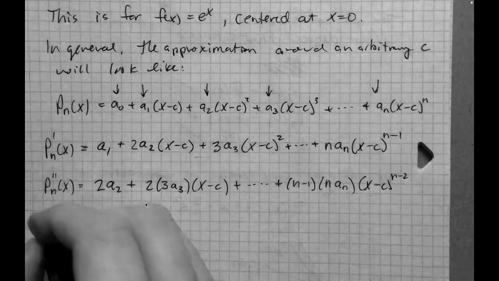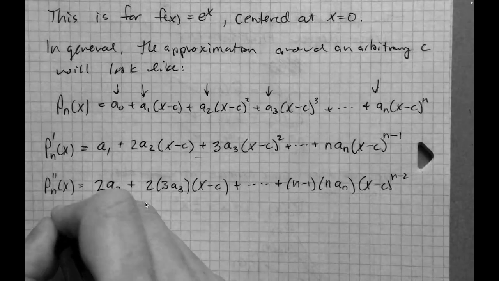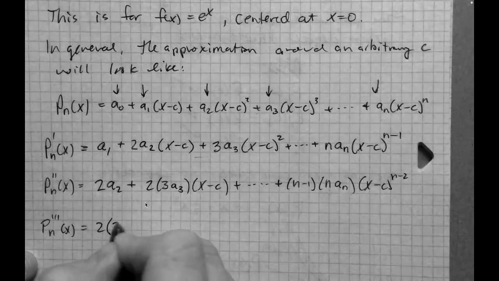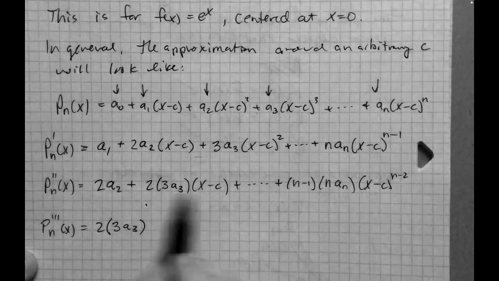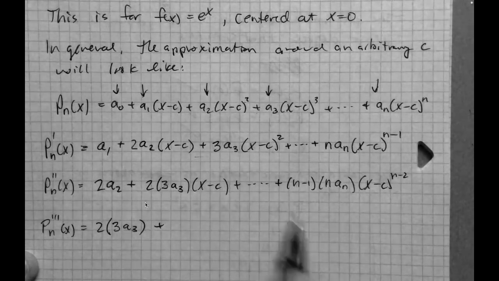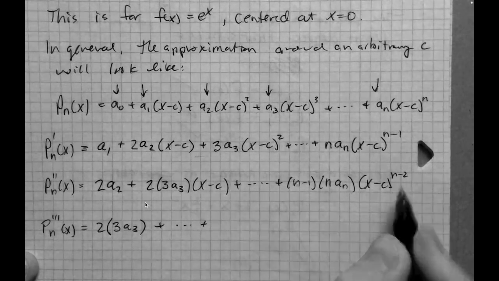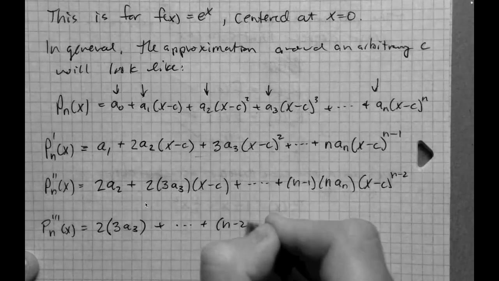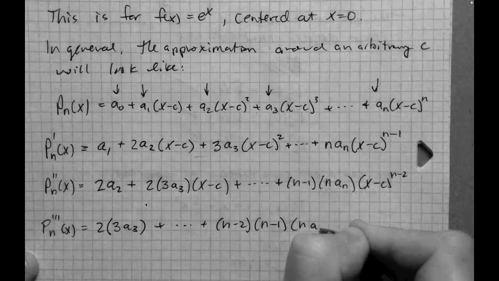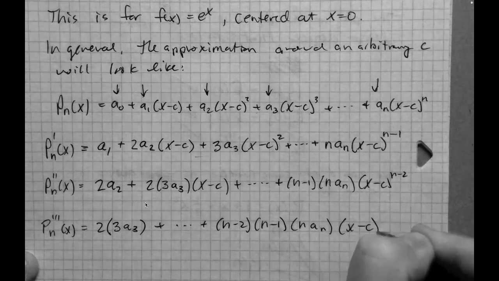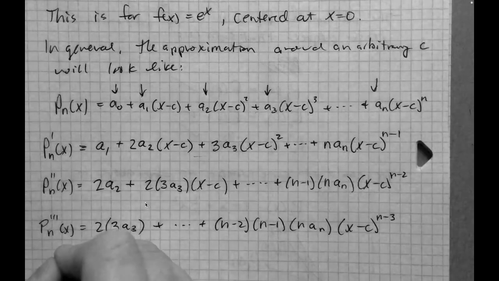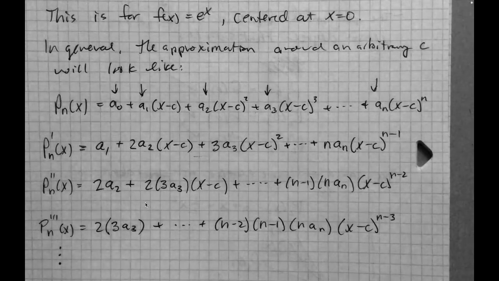Okay, what about the third derivative? Well, it'd be 2 times 3a sub 3, that's this one, plus, and we could do the next one, we just don't have it in front of us, so we'll dot dot dot all the way out, and you get n minus 2 times n minus 1 times n times a sub n times x minus c to the n minus 3.